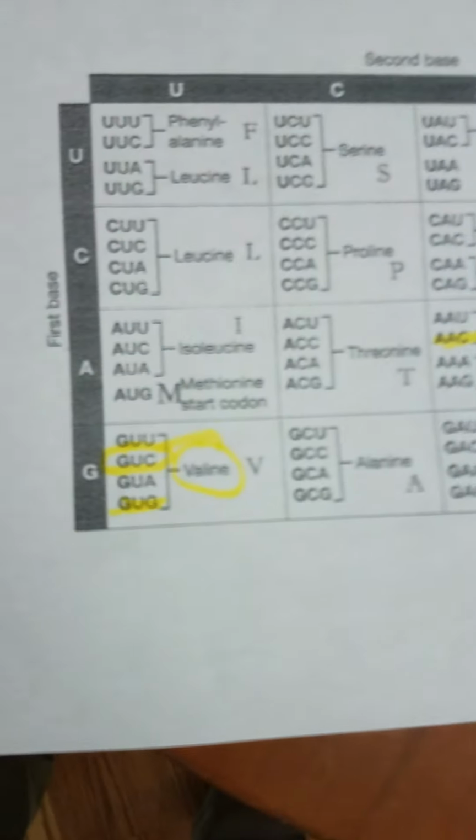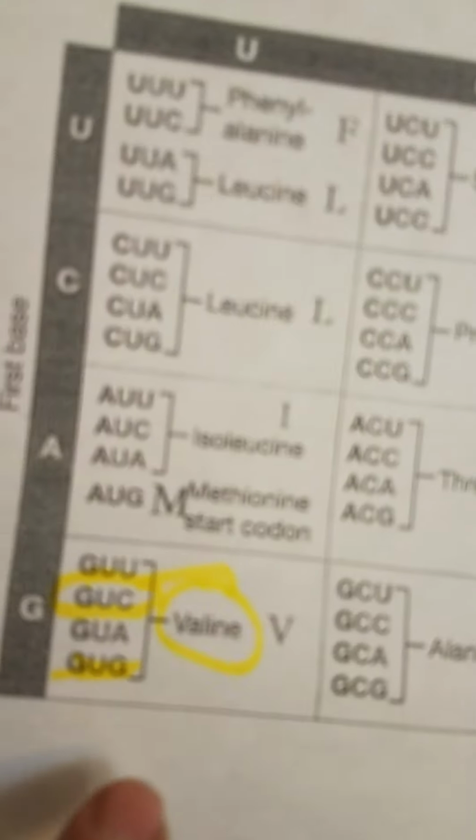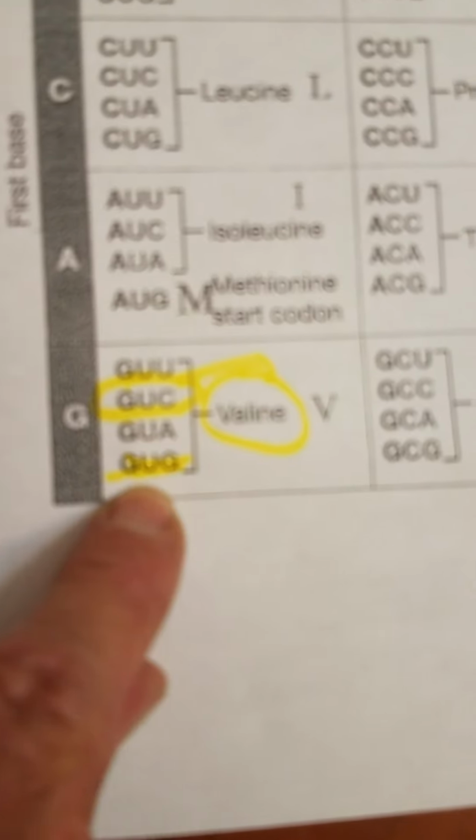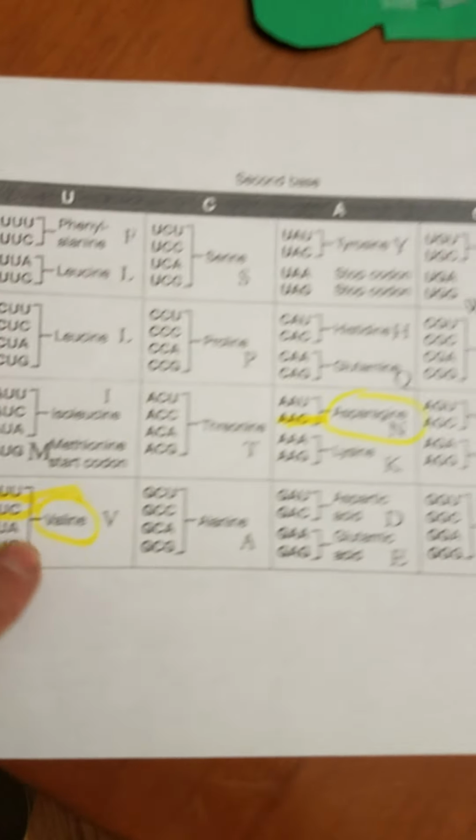We've got a table that tells us. First letter was G, second one was U, third base was G. So if we look in this box, GU, and then bring this one over G, we find GUG is right there, and it is coding for valine, the amino acid valine.